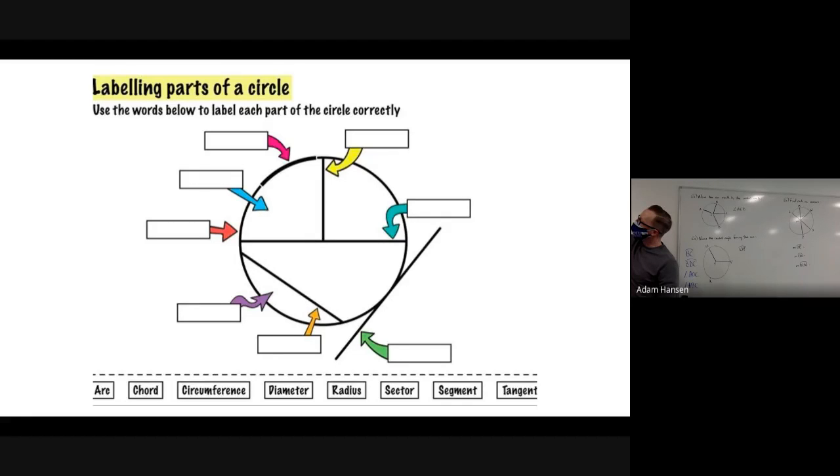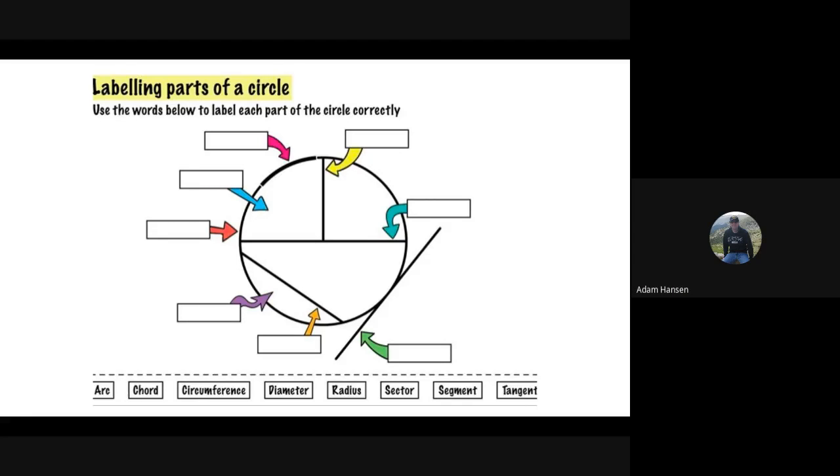Sea green, somebody said earlier? That is blue, though, right? No. The purple is pointing to the area here, that region. The orange points to this line segment. What is the name of this type of line segment?